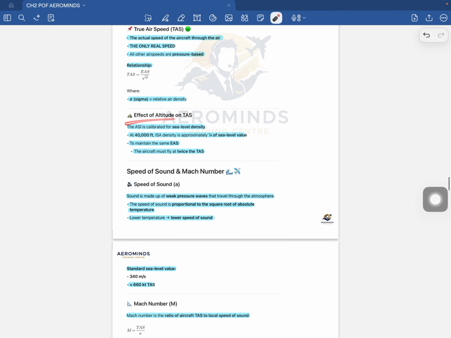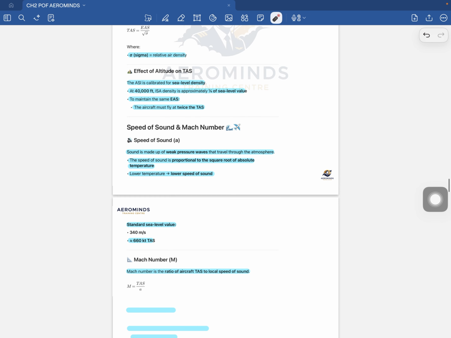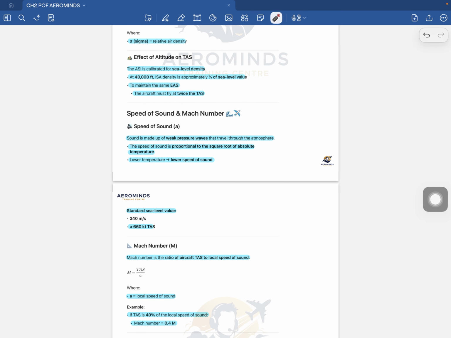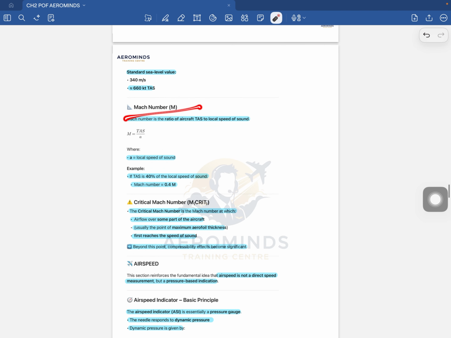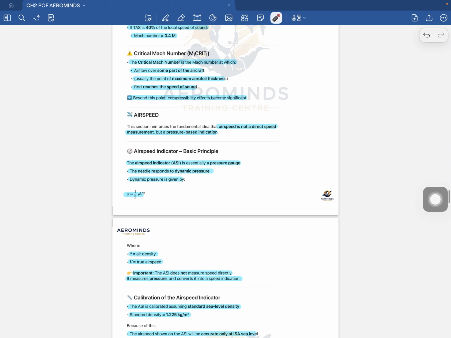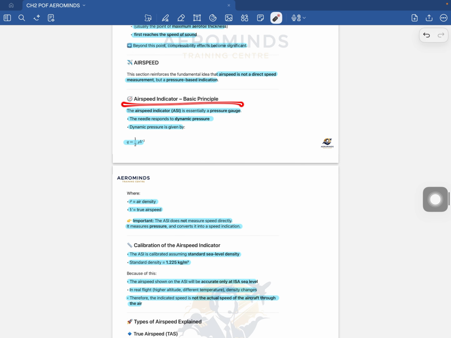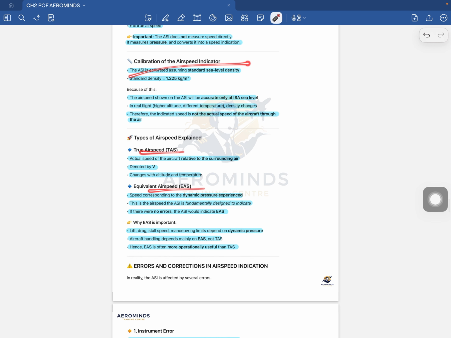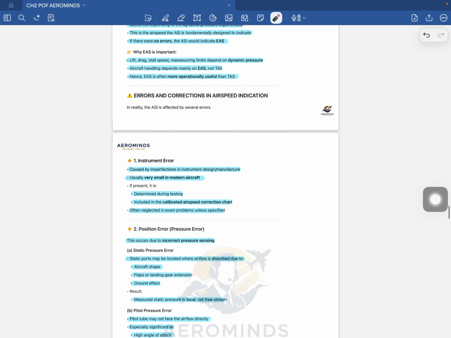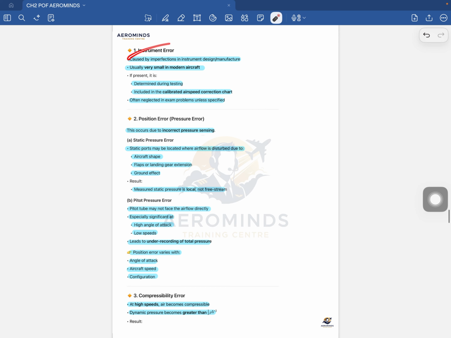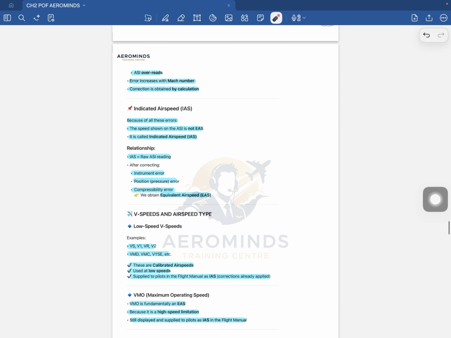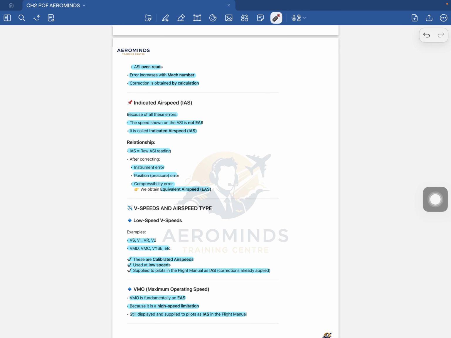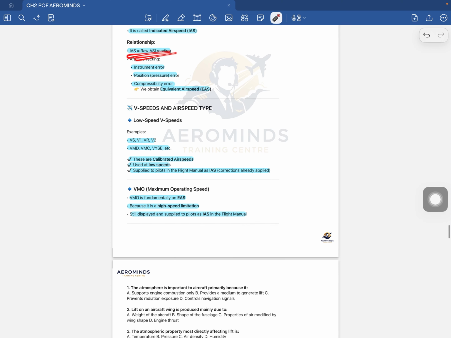Okay, relationship between the airspeeds, and TAS we saw. Then the effect of altitude on TAS, speed of sound and Mach number, critical Mach number, and today we saw airspeed indicator basics, calibration of the airspeed indicator, TAS, EAS, why EAS is important, and errors and correction in airspeed indication, three errors, and the indicated airspeed, which is the raw ASI reading.